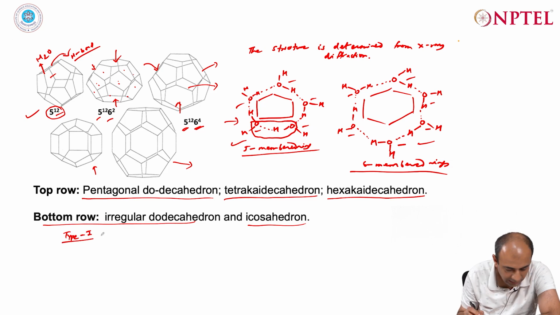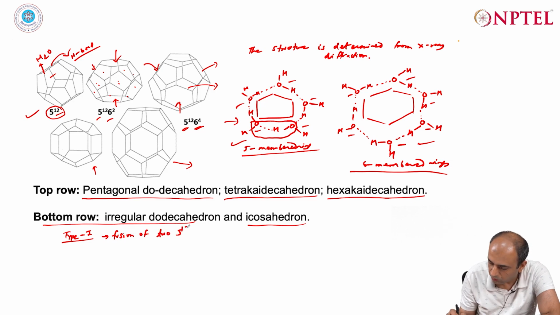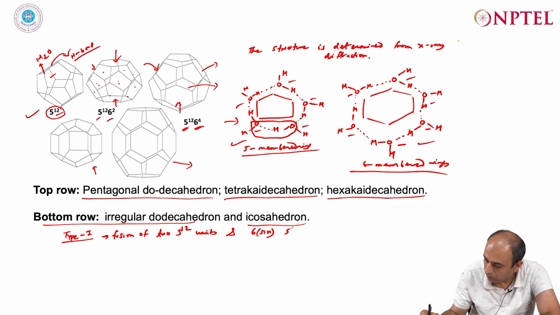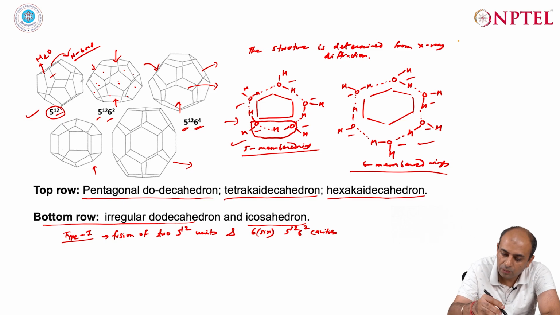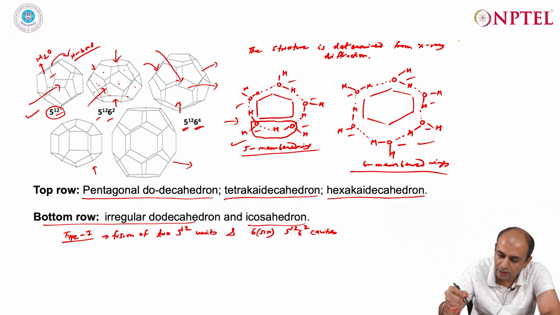The type 1 structure type is a fusion of 2 5^12 units and 6 5^12 6^2 cavities. So each of these supramolecular building blocks creates a cavity. There is a cavity which is present in the center, and this cavity can now include the guest molecules.